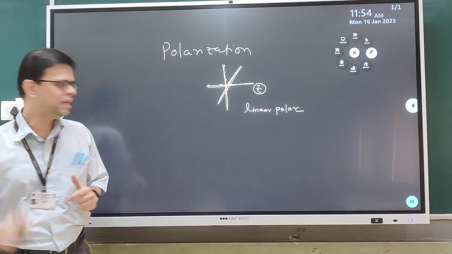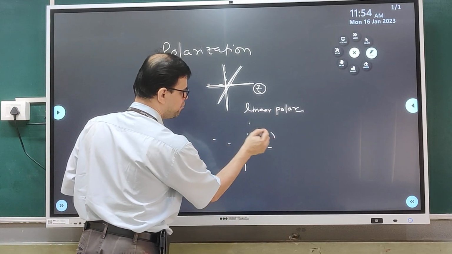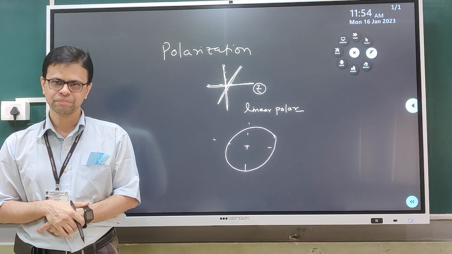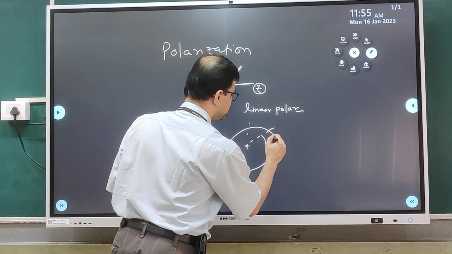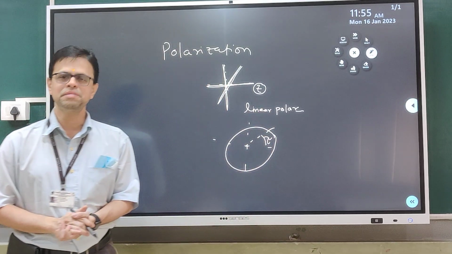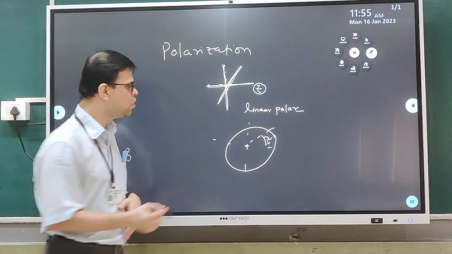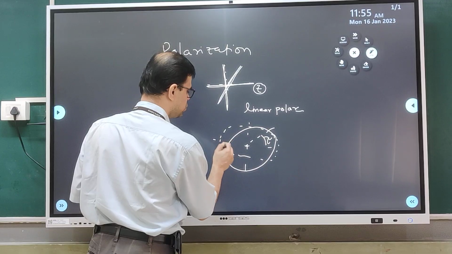If the tip of the electric field vector with respect to time traces an ellipse, that ellipse can be at an angle in any direction. That is the ellipse angle we talk about. That ellipse can be aligned at any angle tau, or it can be an ellipse with angle tau equal to 0 also.